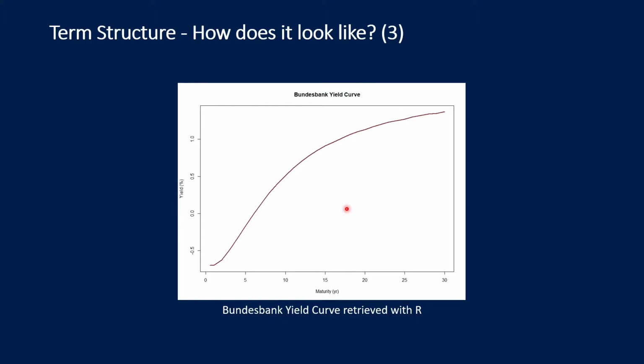Here we see a recent, not a perfectly new, but a recent term structure that I received from the Bundesbank. At the moment, or even for some years now, we have the unusual situation that the term structure at the very low end starts in the negative area, or in the negative zone.